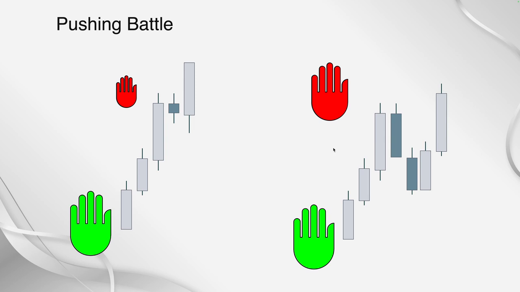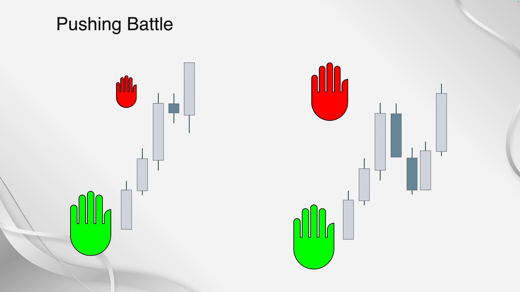Whereas if we have two big hands, a big red hand and a big green hand as well, that leads to a further retracement to then continue higher. So we have strong resistance and we have weak resistance as well. Now you can imagine, if we take the example on the right side and we remove the two up candles that we have right there, then if both hands are very strong and the pushing battle creates balance, where both hands are that strong that we are not pushing higher, we are not pushing lower, that creates 50-50 price action.